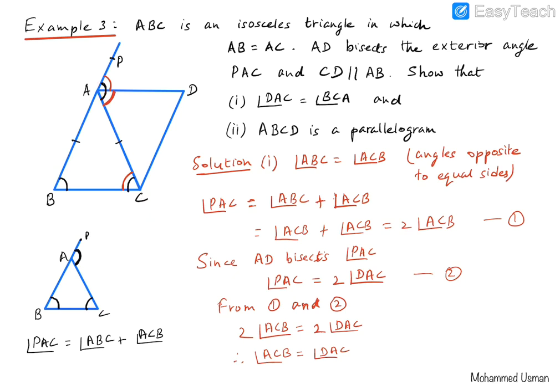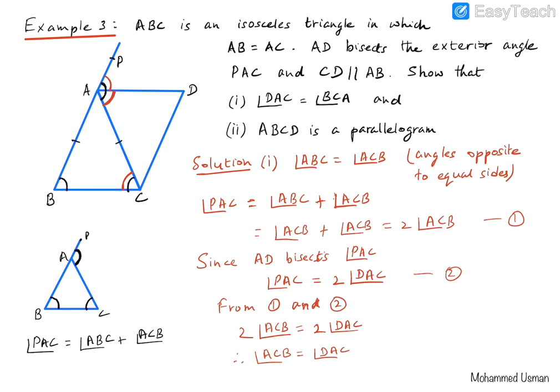So when two lines are cut by a transversal and the alternate angles are equal, those two lines are parallel. Since angles ACB and DAC are equal, they are alternate angles of the parallel lines BC and AD cut by the transversal AC.